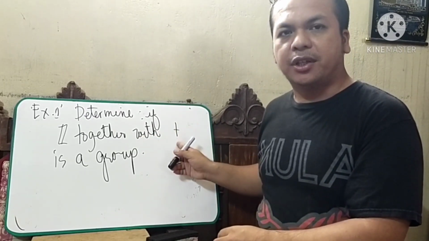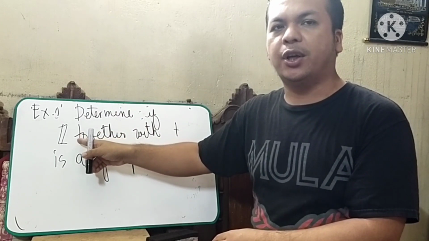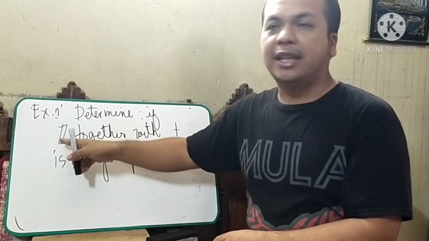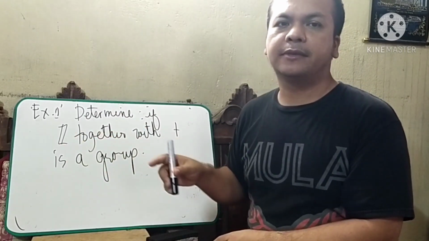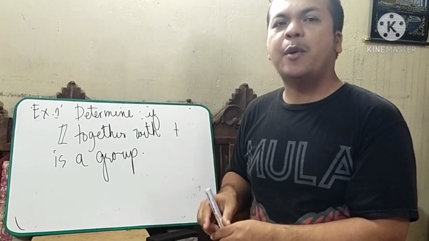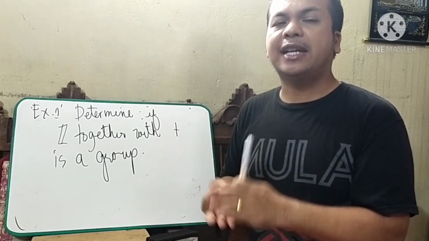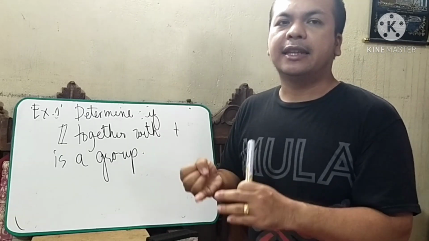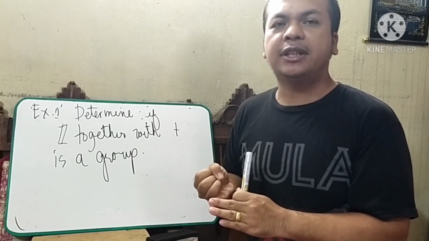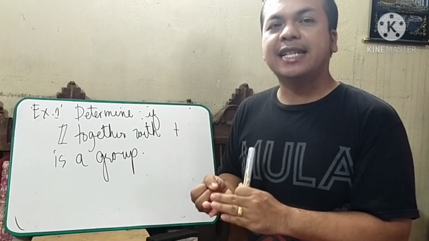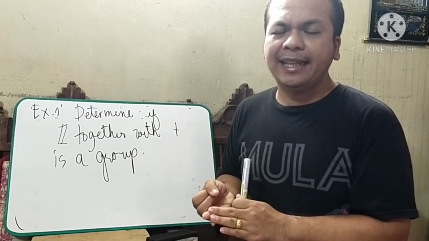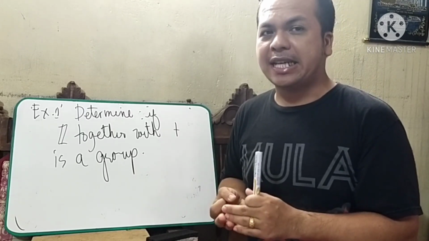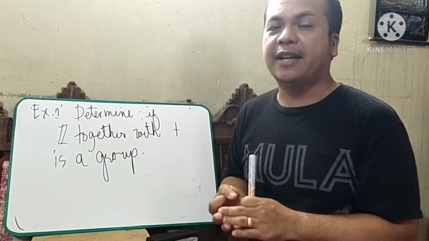So we will now proceed to the three properties of a group. And these are: 1. Associative property, 2. Existence of an identity element, and the third one is existence of an inverse element.